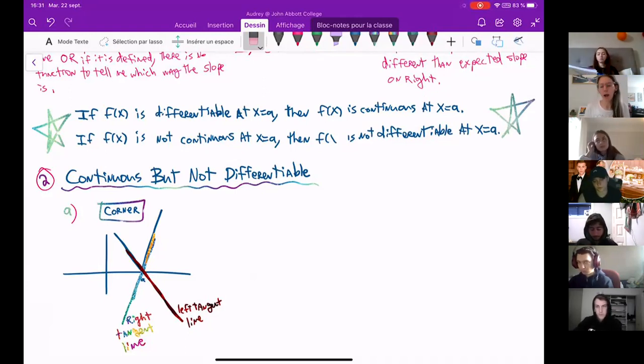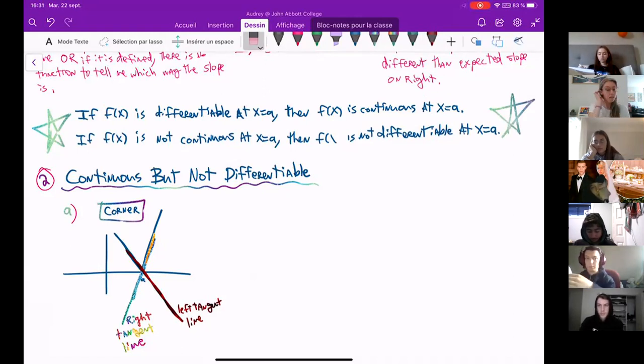And limits, I remind you, are expectations. My left expectation here gives me one slope, and my right expectation gives me another slope. So when the left and right limits are not the same, it's DNE. Exactly. So it's kind of like a jump discontinuity, but for differentiability. Here the derivative doesn't exist because the left expectation does not equal the right expectation.